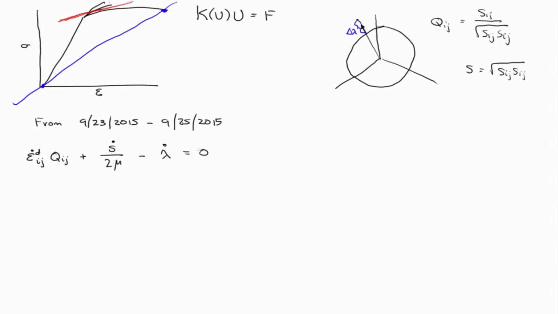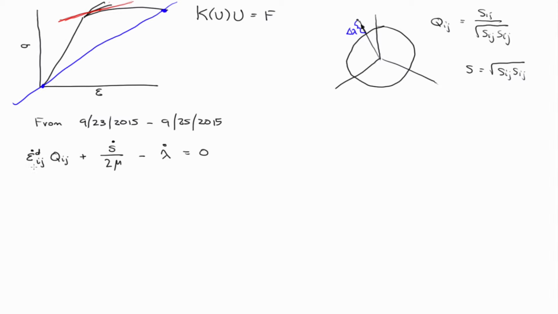And this is why, even though we write this in rates, we have to have steps. We have to have load steps. It doesn't make sense if we have rates here. It doesn't make sense to not have an increment of time, even if time is fictitious, right?